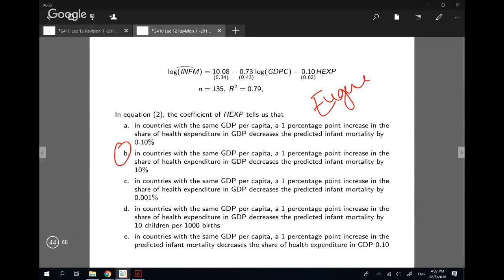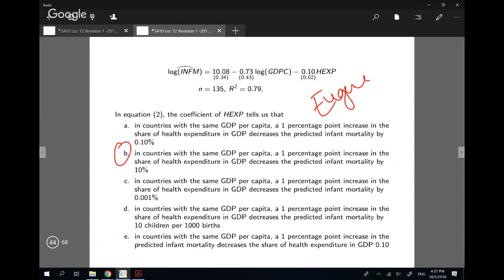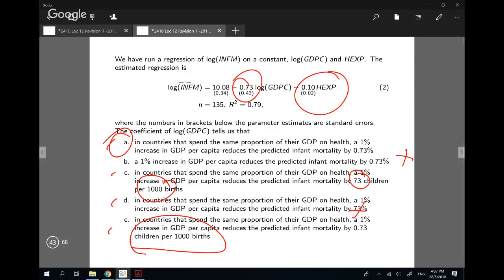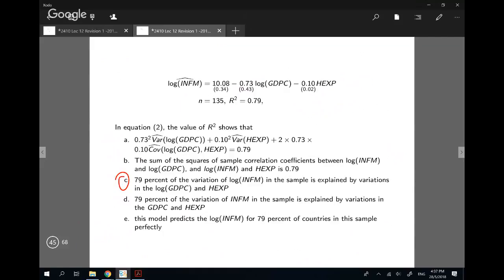Like this one, you don't say log infant mortality changes by 0.73%, it is infant mortality itself. Just in case it's confusing. So when you interpret this, the log is not there; it's converted into percentage. But for R square, the log stays. So it's not B, it's C.